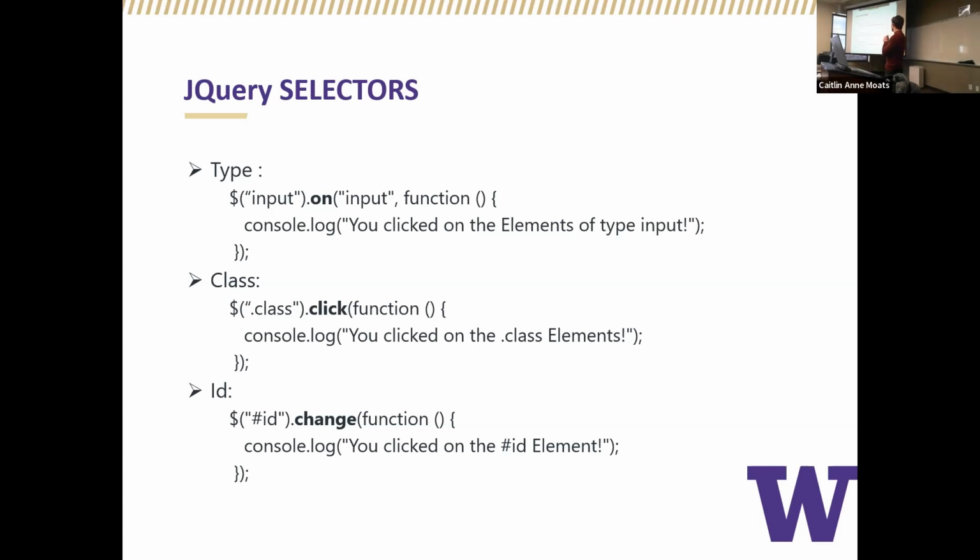So here we see double quotes. Input in the quotes just means get the element of type input. And if there are multiple elements of that type, it will get all of them. So you need to be careful.